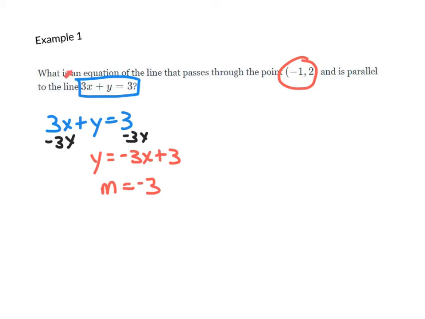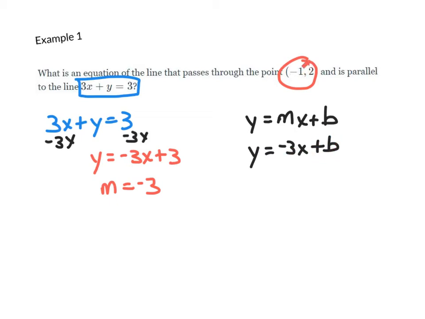All right, so we're going to write an equation. Our equation is going to be in the y equals mx plus b form, because when it just says equation, that's what it means. It doesn't say write it in point-slope form. We know that our m is negative 3, so our equation is definitely going to read y equals negative 3x, but we have to determine what the b is.